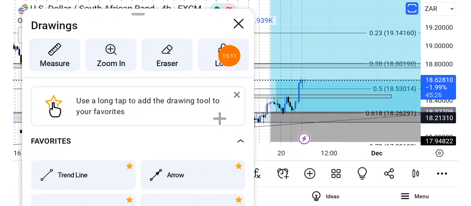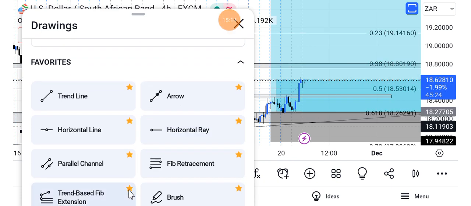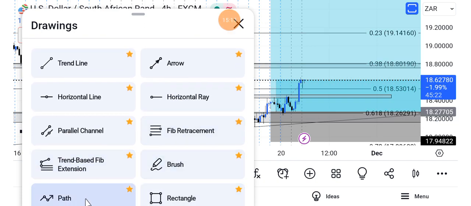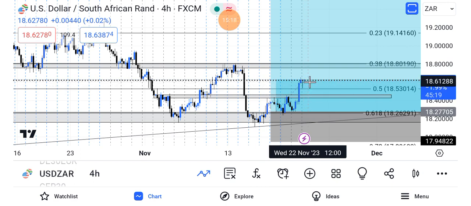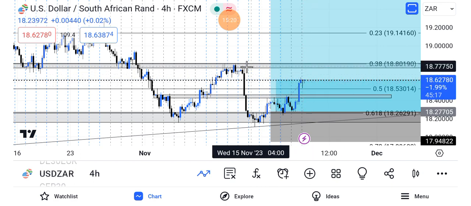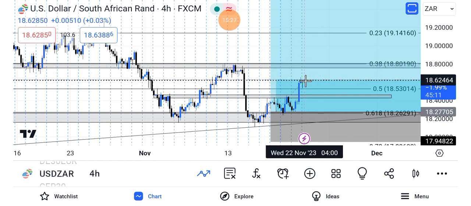So guys, you have to look for buys only on USDZAR in the long term. You understand what I mean, guys? So now currently this is our resistance area. So even if it actually gets to this level right here, we're going to come back to retest around this area, which is about 18.